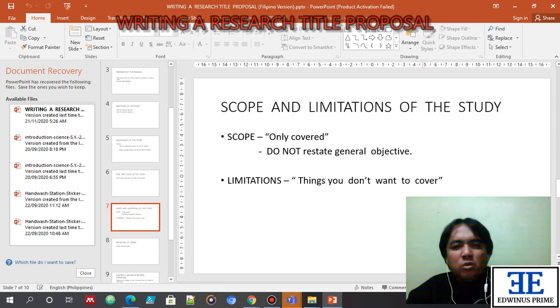Because if you say yes and yes to the suggestions of the panel in terms of scope, then the panel will make the scope very wide. So the technique is, do not always agree, and it will go back to the research problem.